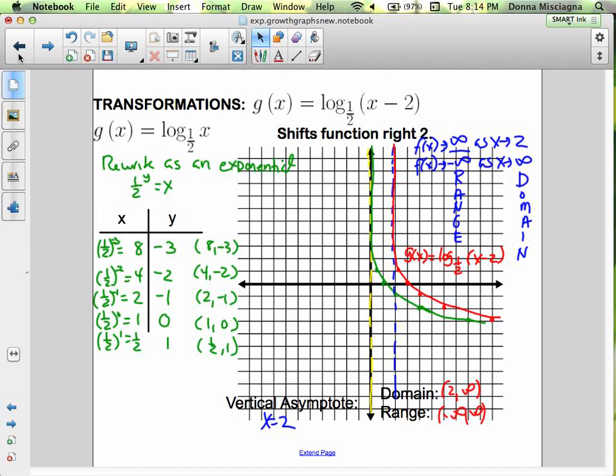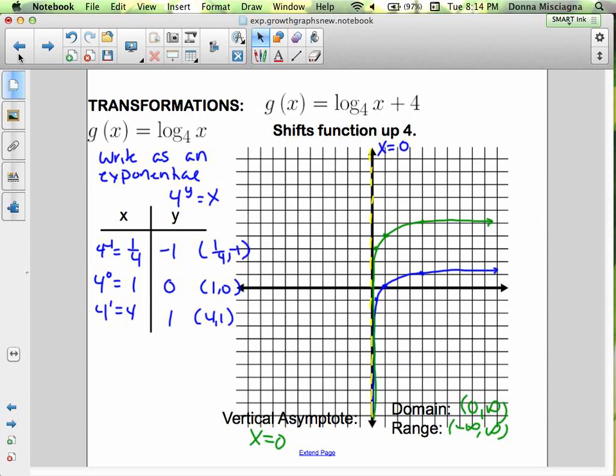This one is a little easier, I think, because it's growth. It's getting larger. We've got a base that's larger than 1. And we didn't even have a shift. So here our end behavior: the closest x is going to head to is 0. So x heads to 0, and x heads to infinity.